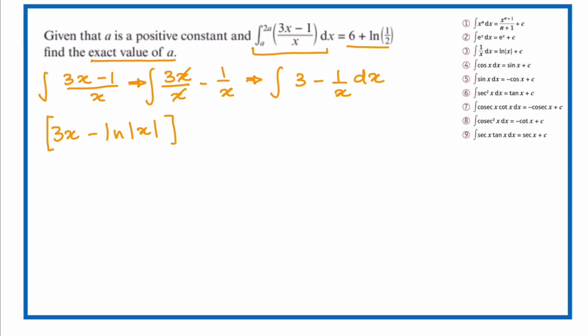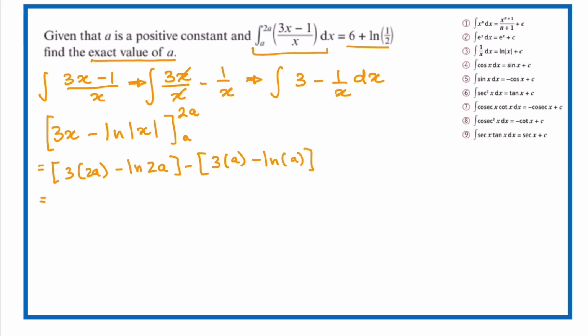So the next thing that we need to do is substitute in the limits that we have here, 2a and a. Substituting the limits gives us bracket 3 bracket 2a minus ln 2a close bracket, minus bracket 3 bracket a minus ln a close bracket.